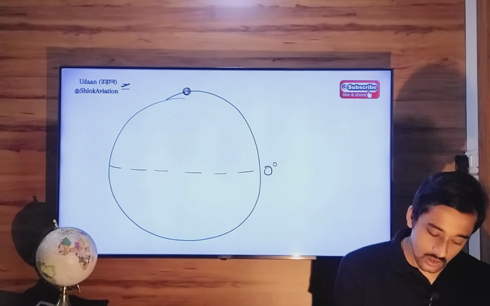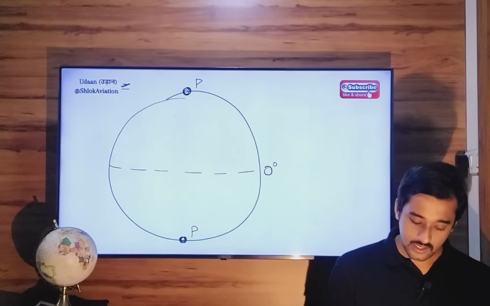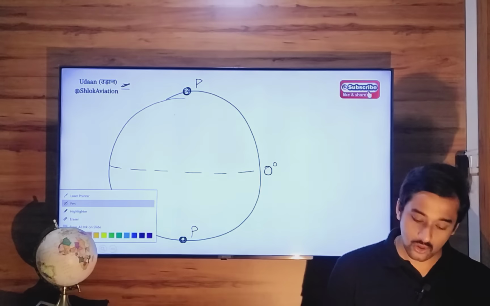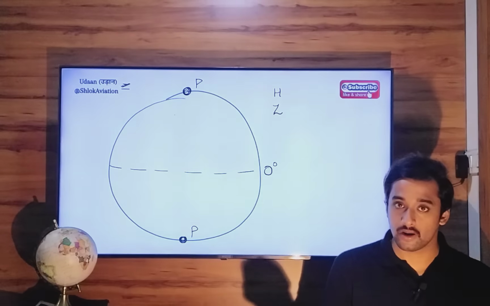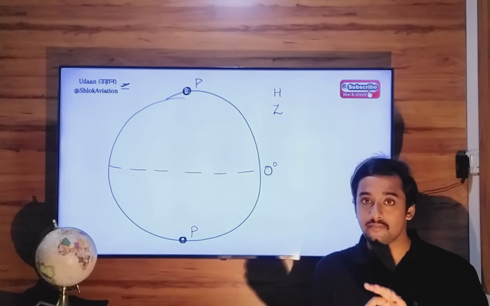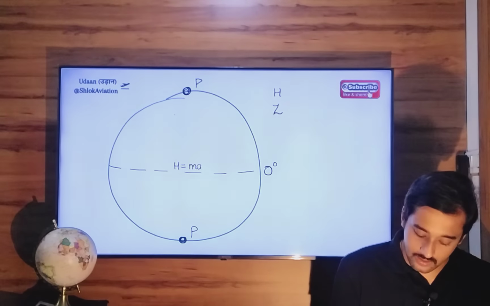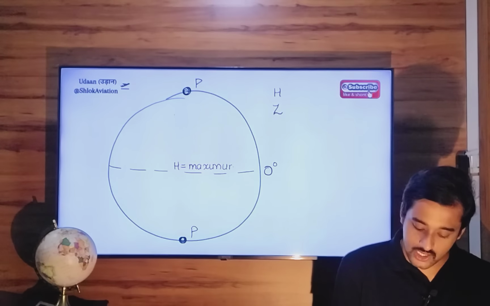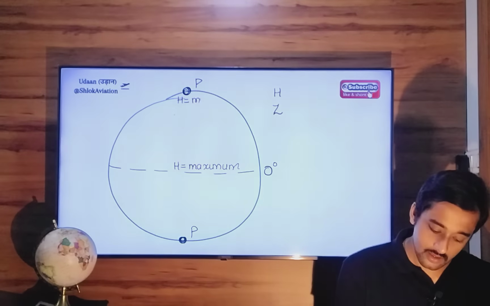This is the pole, north pole, south pole. So we have two components, horizontal component and vertical component. Now the horizontal component of the magnetic field is maximum at the equator, and this horizontal component is minimum or zero at the poles, either pole.